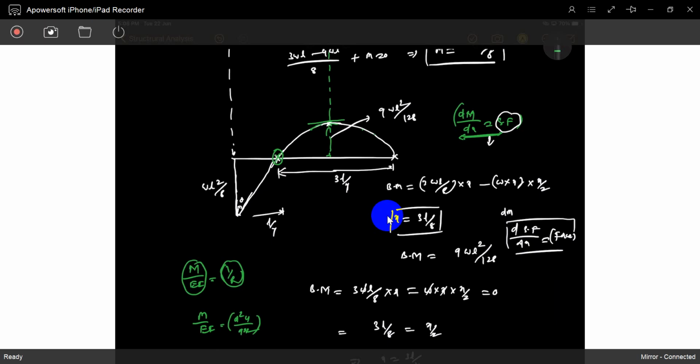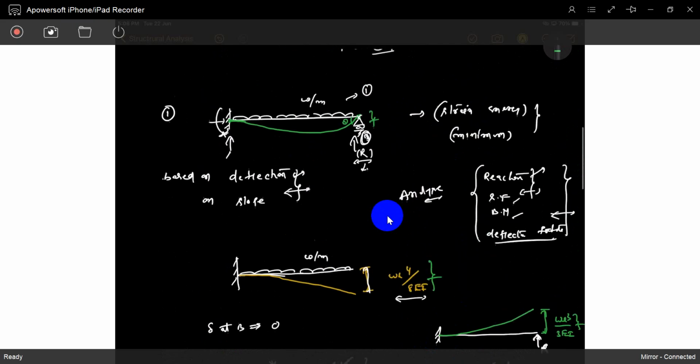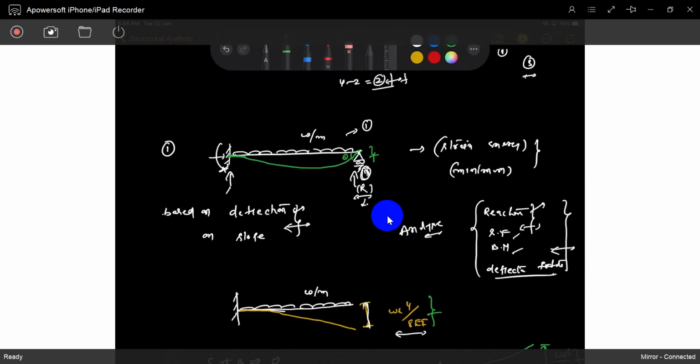So what does that mean? Curvature is 0. I need not explain these terms again. I will draw it just like this. Curvature is 0 means it has a slope and will go like this, and at this location it changes curvature.